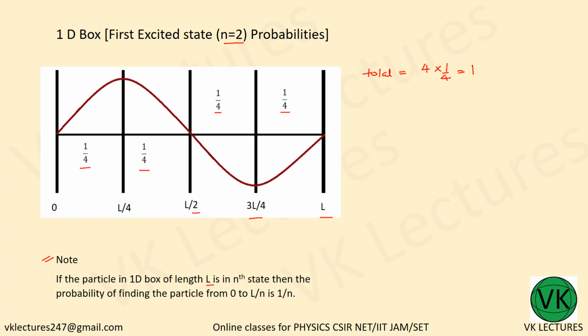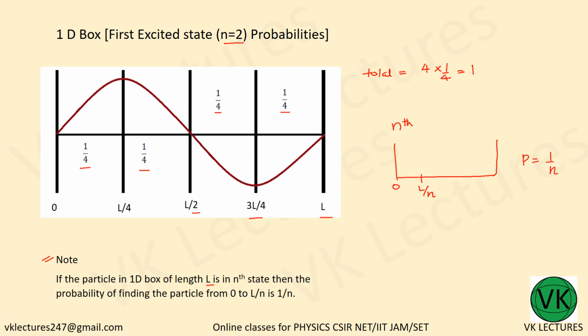And a small note here: if the particle is in a 1D box of length L in the nth state, and we are asked to find the probability from 0 to L divided by n, then the probability is equal to 1 by n.